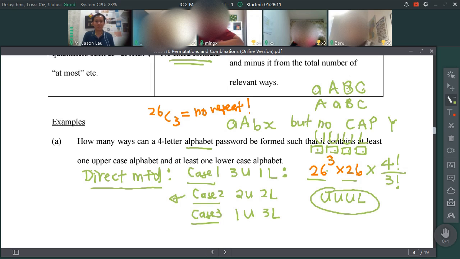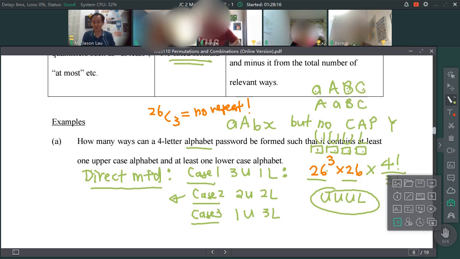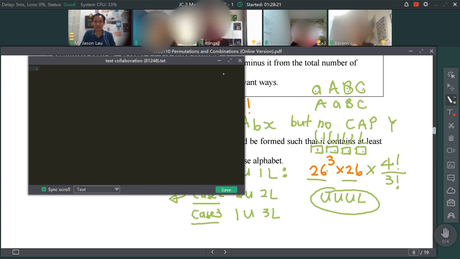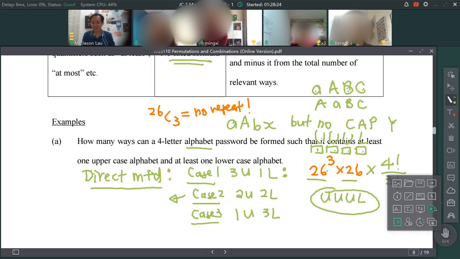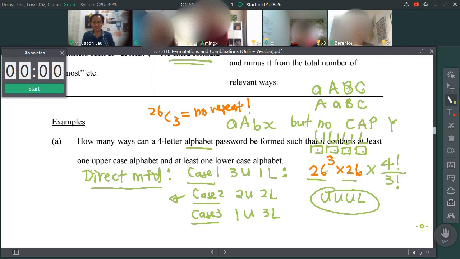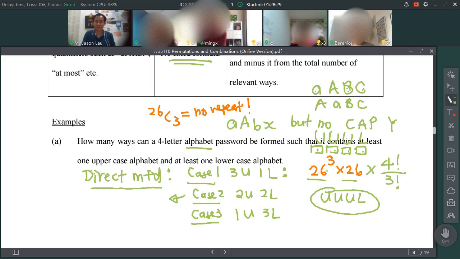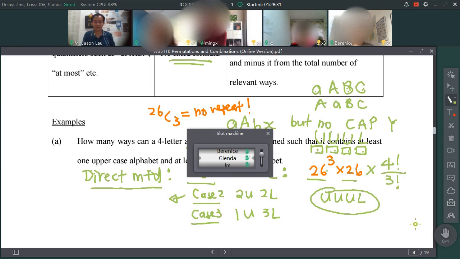2 upper, 2 lower. Let's try one more time. Who will go? I keep pressing, I can't find the button. Anyone want to volunteer? Oh, here you see. Oh, Mingxi. I feel like you always get Mingxi. That's bias. Don't tell her.